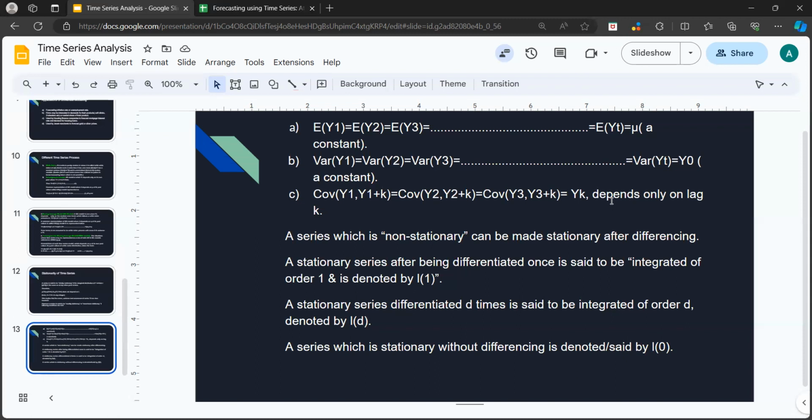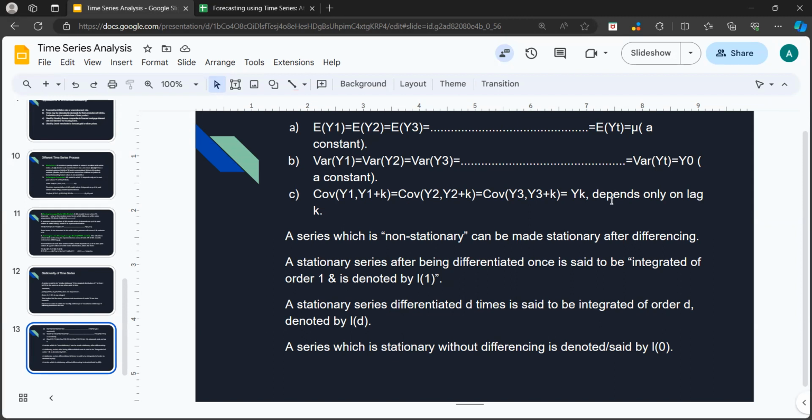And the third important condition is covariance. Covariance means if you try to find the covariance between two different data points like yt1 and yt2, it doesn't depend on T1 and T2, but it should depend on the difference between T1 and T2.